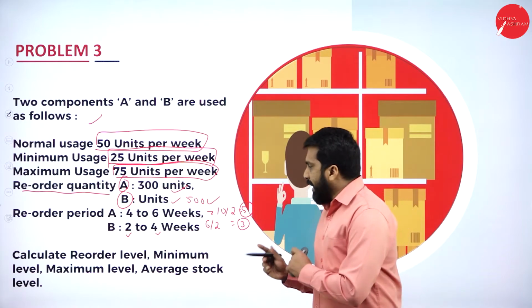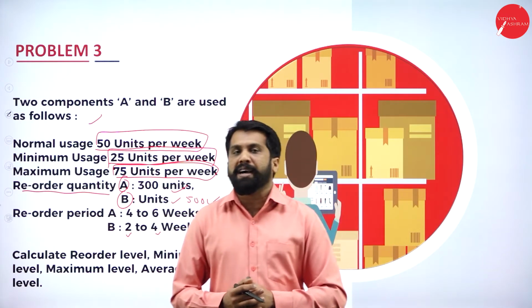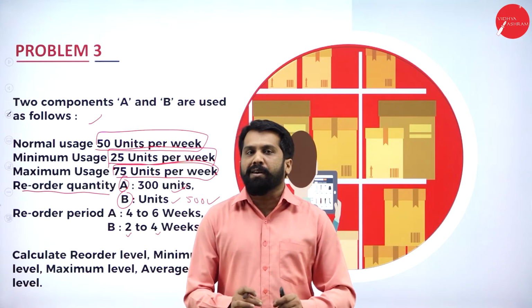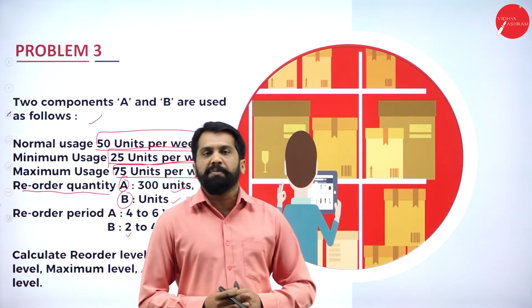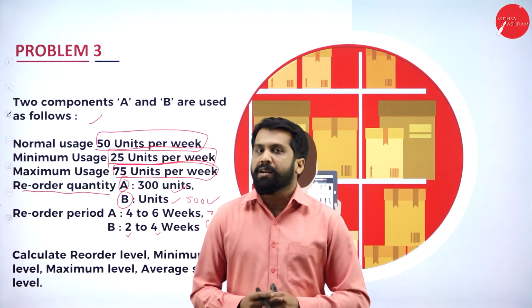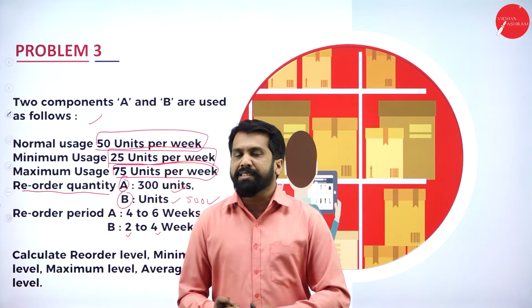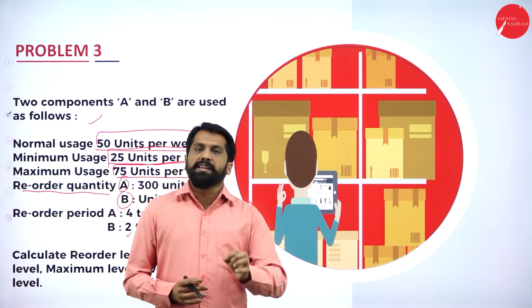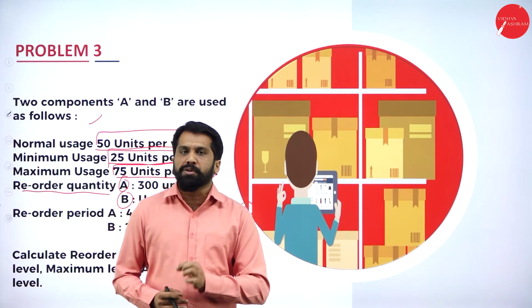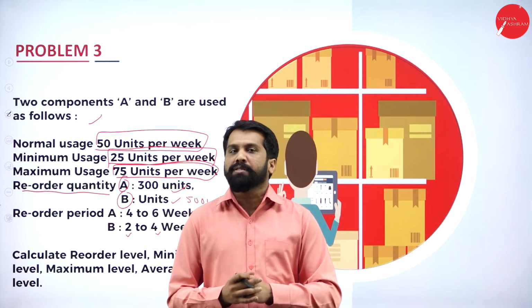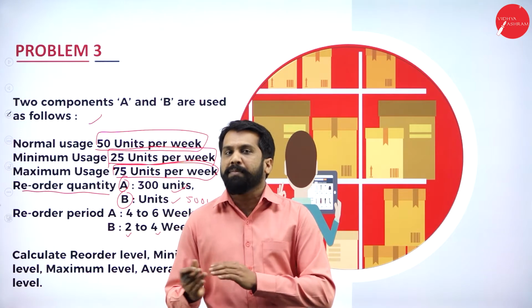Now, whatever calculation I have done, 10 divided by 2 and 6 divided by 2, it should be part of your answer. Why? Because you may feel that your answer is correct, but you did not get full marks. The reason is you have not presented properly. Even though it is 1 plus 1 equals 2, you have to mention it in your answer sheet. Why? Because you have not copied from others.